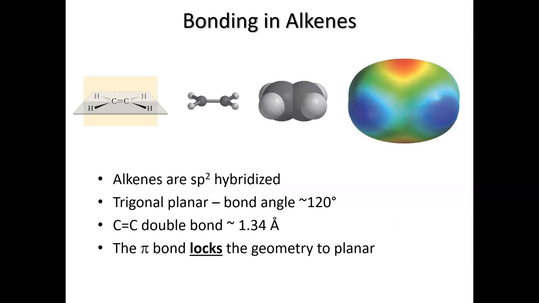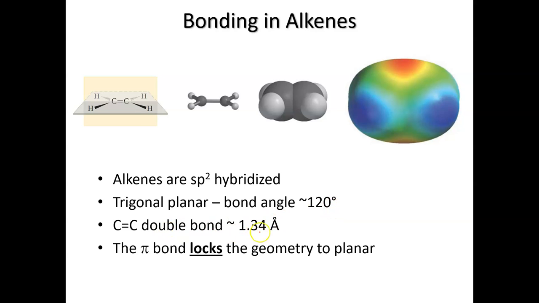We also look at some of the general structures for alkenes. As I mentioned before, in order to get that double bond, we are going to have to unhybridize one of those p orbitals in order to get that bond above and below the carbons. So alkenes are going to be sp2 hybridized. They're going to be trigonal planar, so they're flat with 120 degree bond angles.